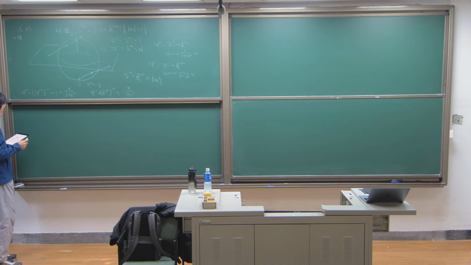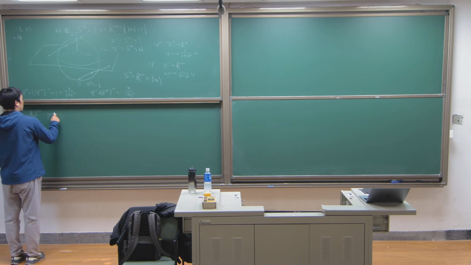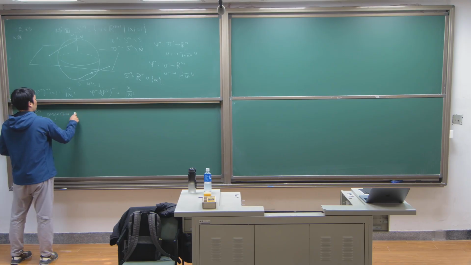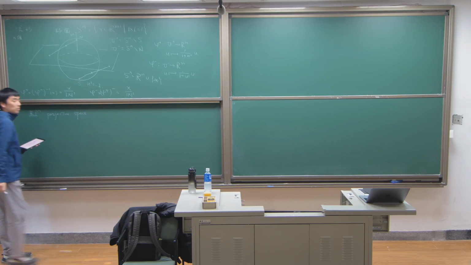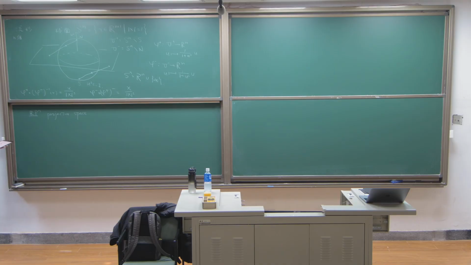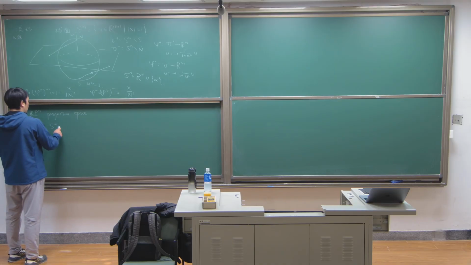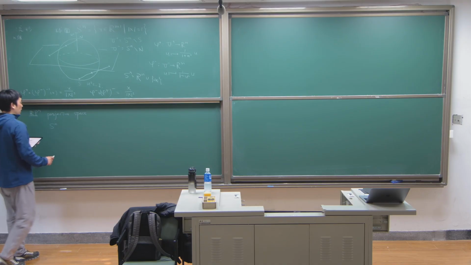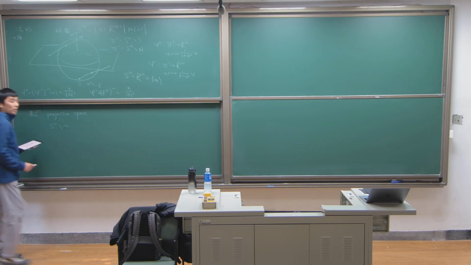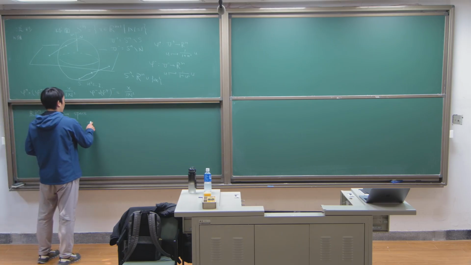Okay, and then later, in the homework you need to learn something like RPn, the projective space. So projective space is Sn, but you just identify the equivalence class, where the equivalence class of X is minus X, inside of Sn.